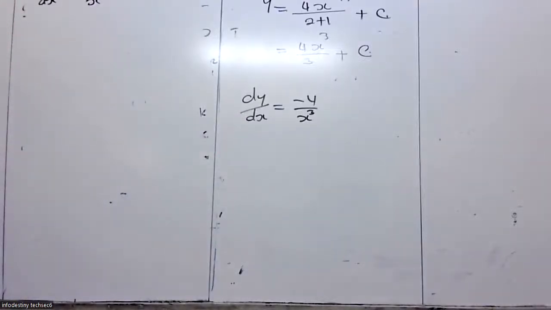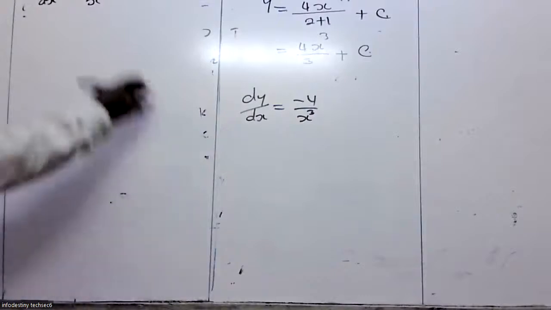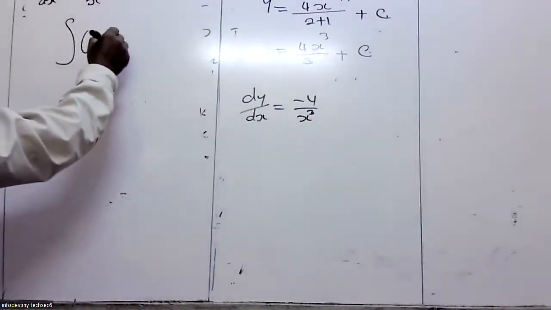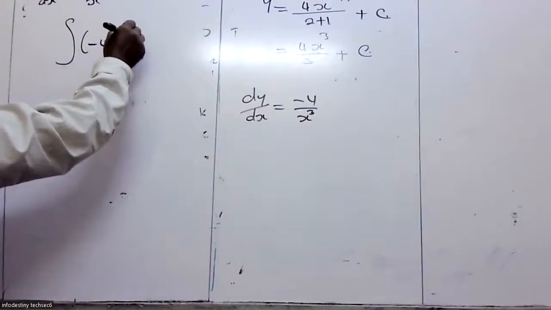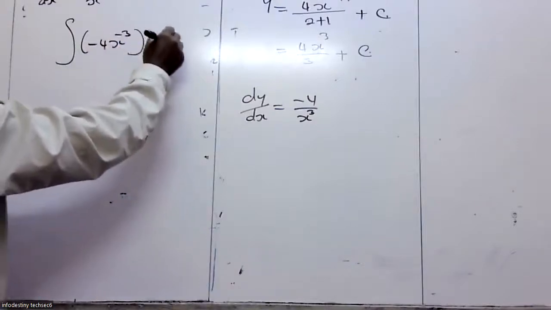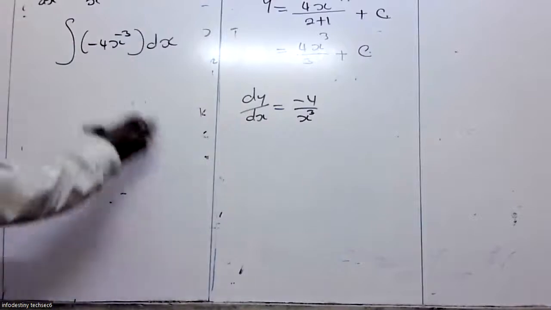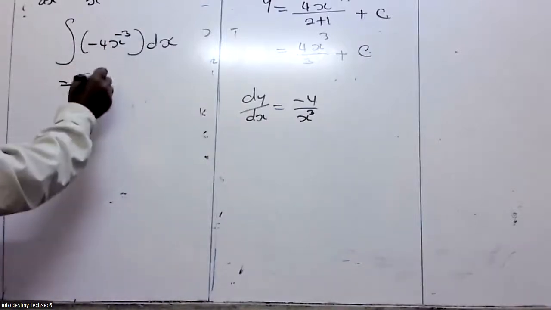Then after that, this is going to be the integral of -4 x raised to -3 dx.